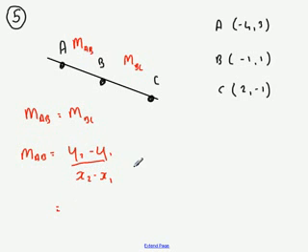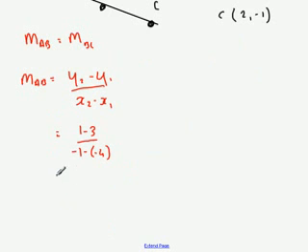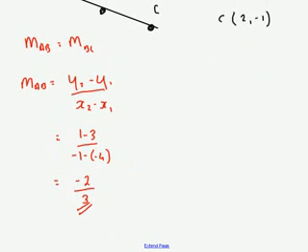And we have 1 subtract 3 over negative 1 and subtract negative 4. 1 minus 3 gives us negative 2, and negative 1 subtract negative 4 is negative 1 plus 4, which is 3, and we have a value for the gradient of AB which is negative 2 over 3.